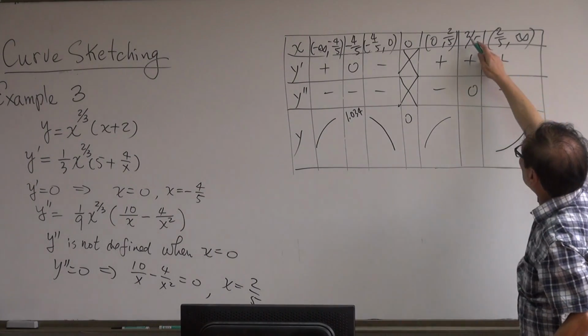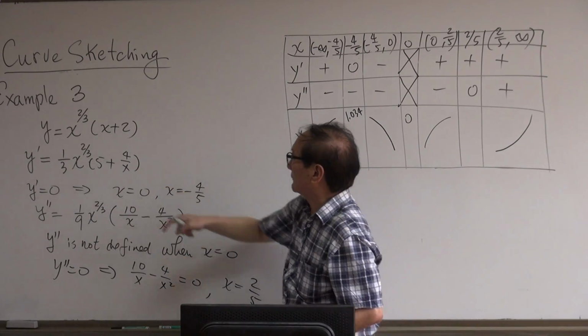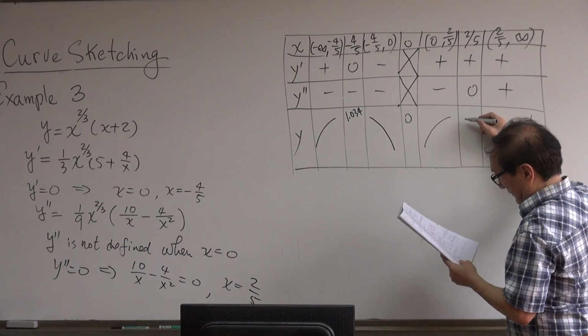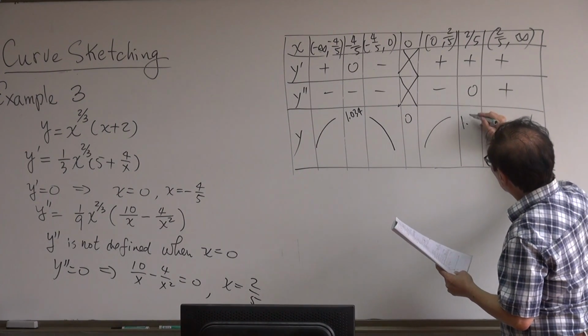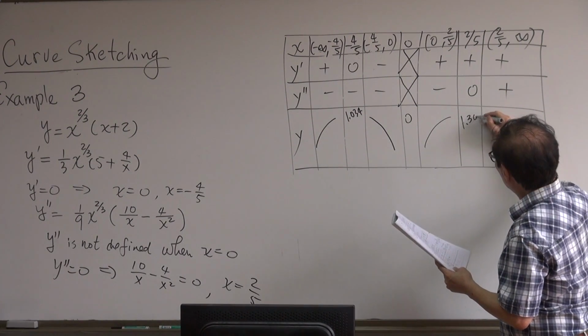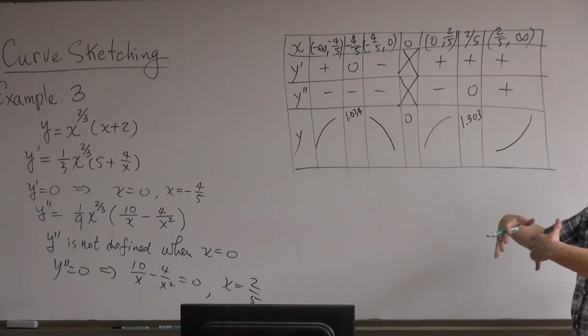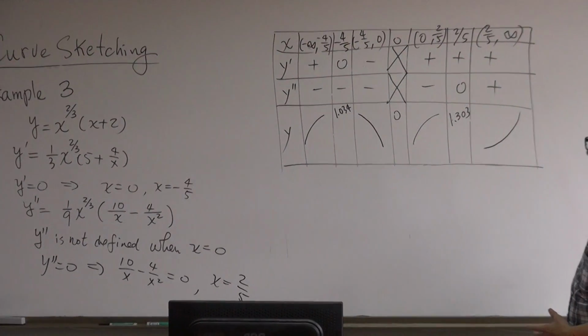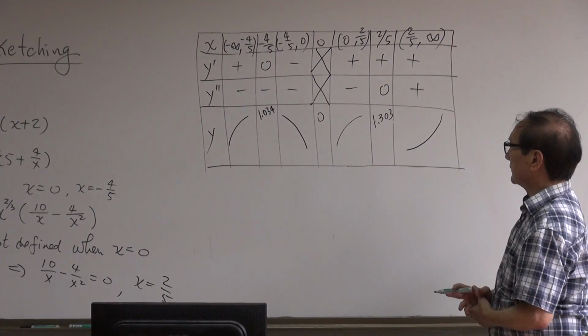When x equals 5 over 2, we plug this into the function and we find 1.303. Okay, these are the preparatory work for sketching the curve, right?